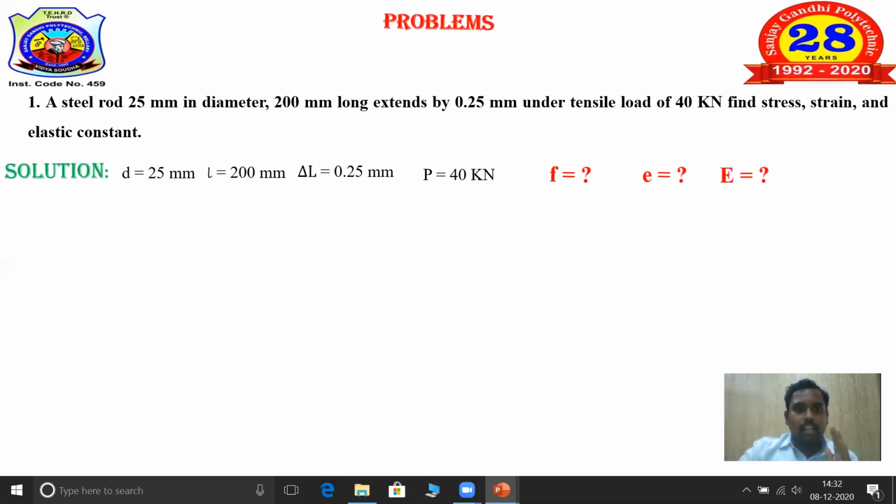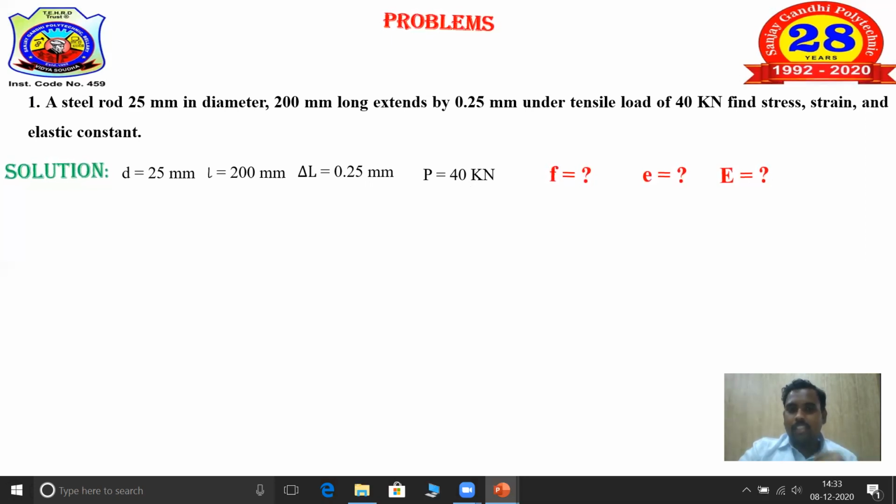So step by step, I'll go through the given data. D is 25 mm, it is in mm, so no need of conversion. Length is also in mm, 200 mm, there is no need of a conversion. Delta L is 0.25 mm, so there is no need of a conversion. P is equals to 40 kilonewton. So students, we need it in terms of Newton, but it is given in terms of kilonewton. So we need to go for the unit conversion.